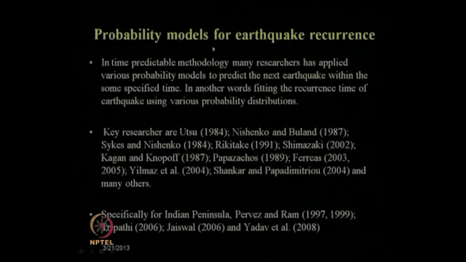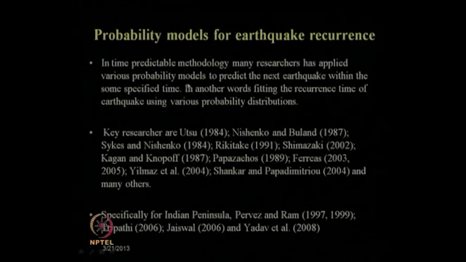Now, the probability models which can be used for earthquake recurrence are discussed here. In the time predictable methodology, many researchers have applied various probability models to predict the next earthquake within a specified time. Like in the beginning of this course, I have already mentioned whether we can predict the earthquake.